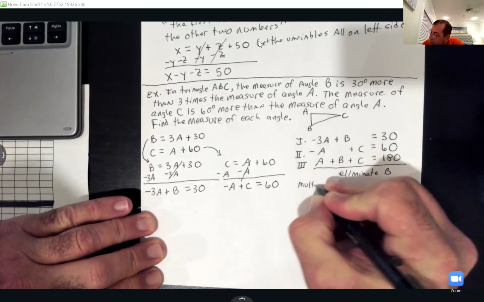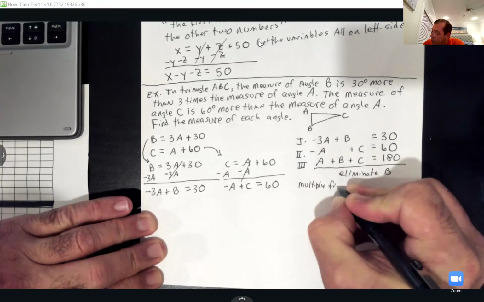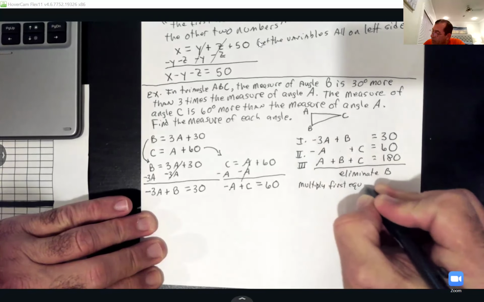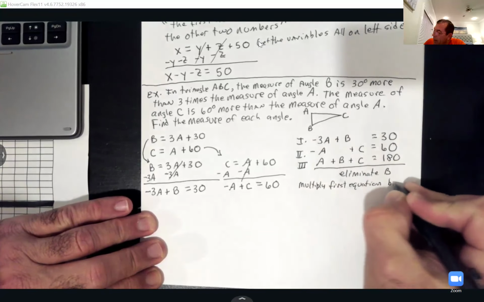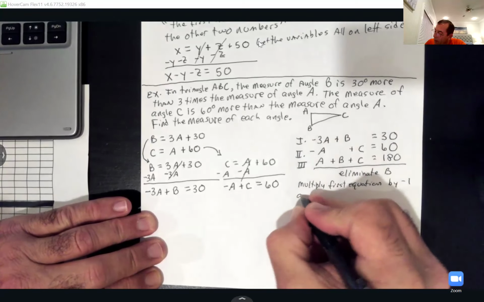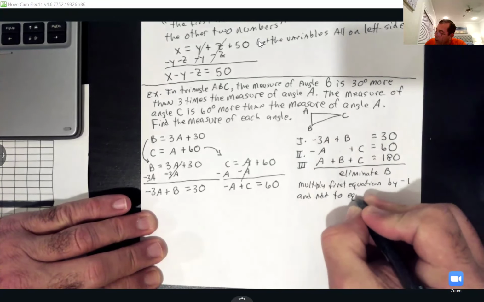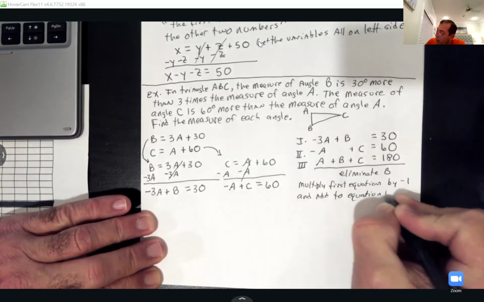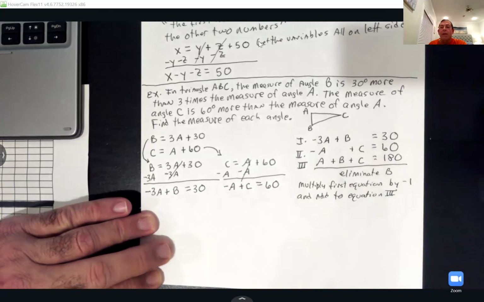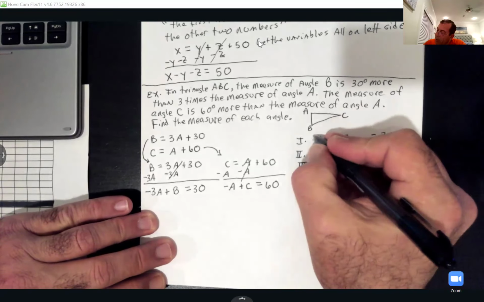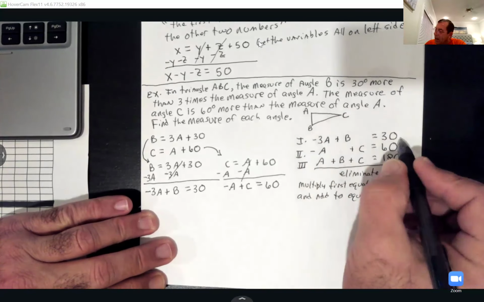So I'm going to multiply first equation by a negative 1 and add to equation 3.